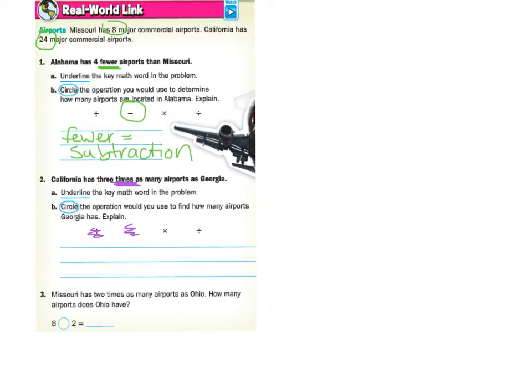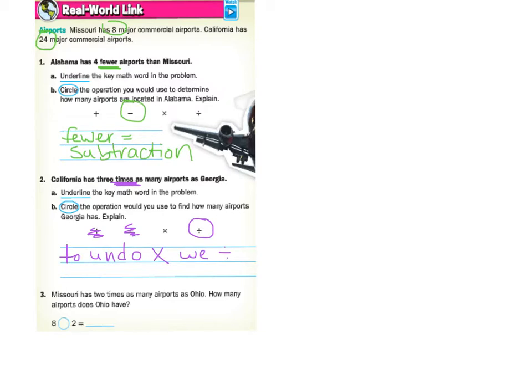However, do we know how many airports Georgia has? No, because we would take the number of Georgia and multiply by 3 to get to California. So we actually have to reverse this one. It's going to be division, because we know how many airports California has, and then we have to divide by 3 to get Georgia. So to undo multiplication, we divide.